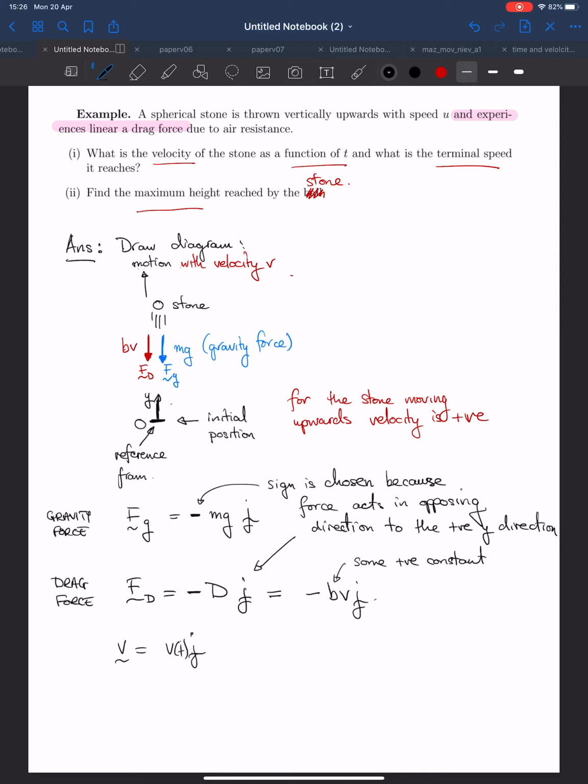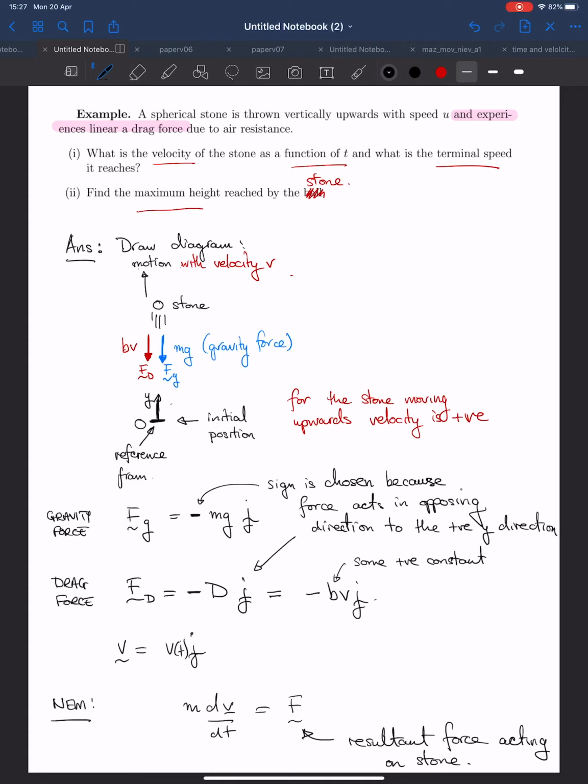So we've written down all the forces. We simply need to now use Newton's equation of motion and balance everything up. This requires us to put things into this formula, where F should be the resultant force acting on the stone. Okay, great.